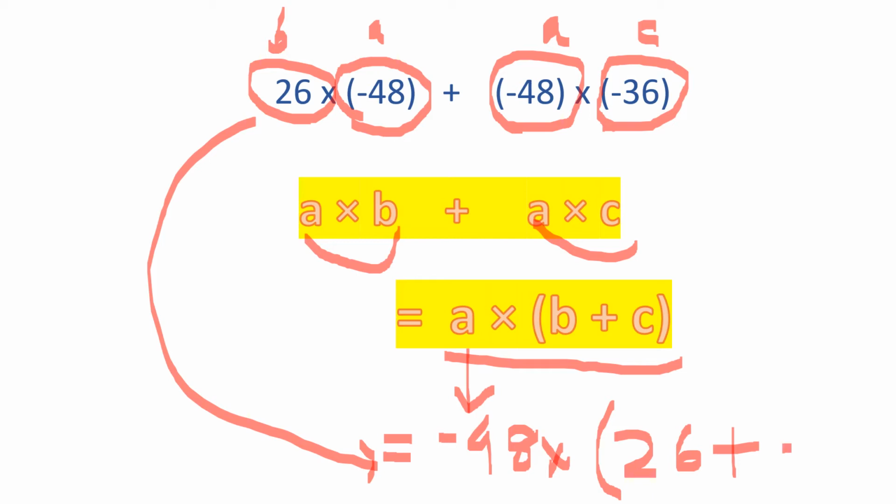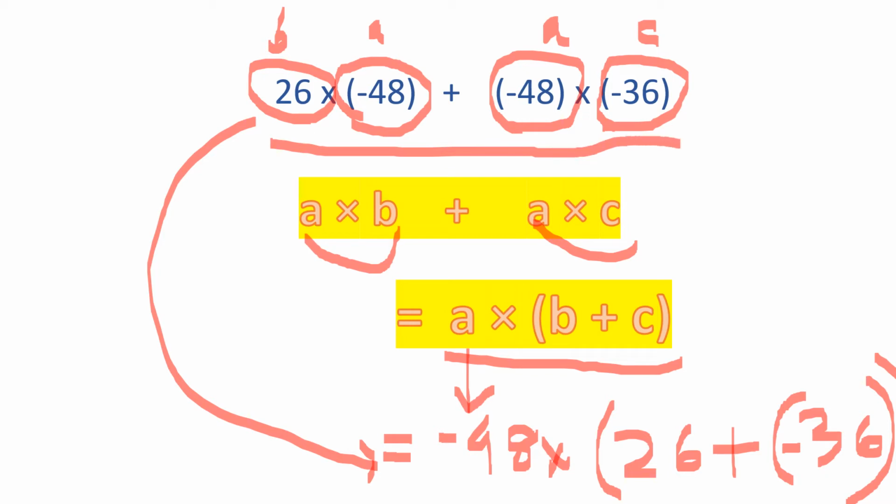C is minus 36. So this is how I wrote this using the property. What property? Distributive property. So let's see how we use it in the question.